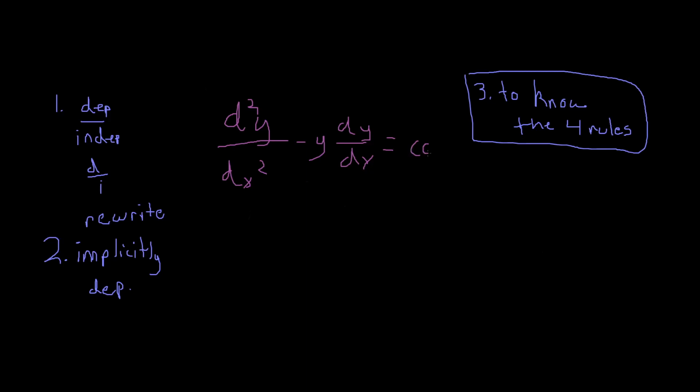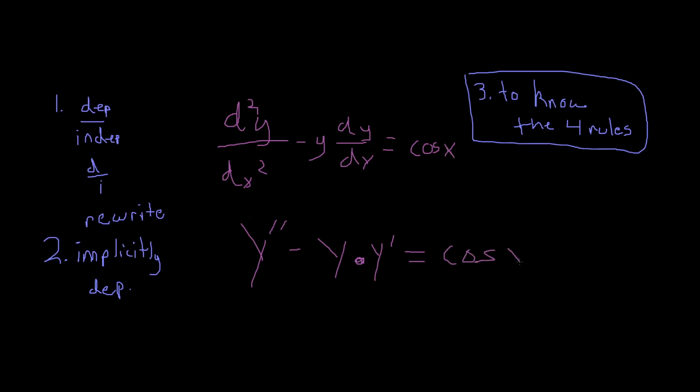And so what's the first thing we need to do? We gotta identify which one's the dependent and which one's the independent variable. Our dependent variable is y, our independent variable is x. Now we write it implicitly, so this becomes y double prime minus y times y prime, which equals cosine of x.